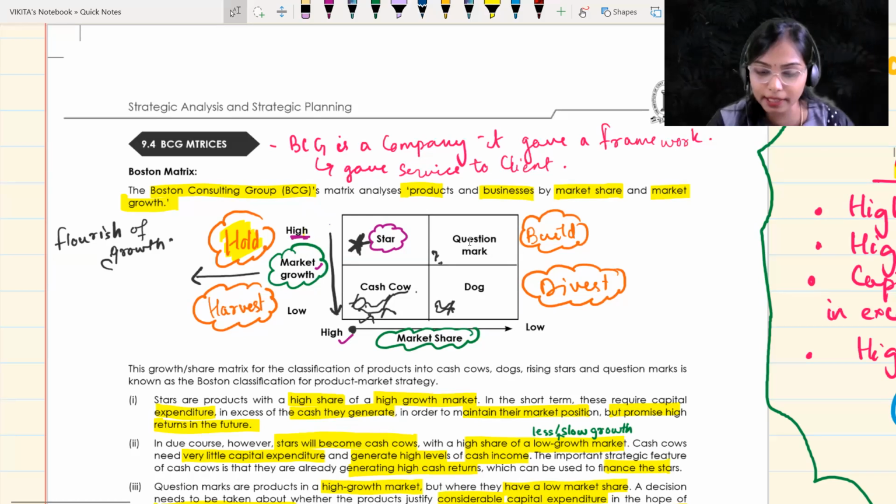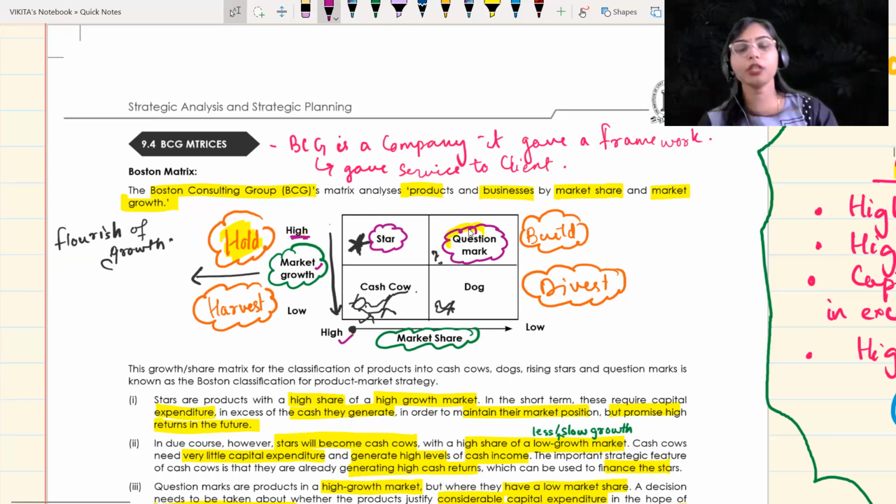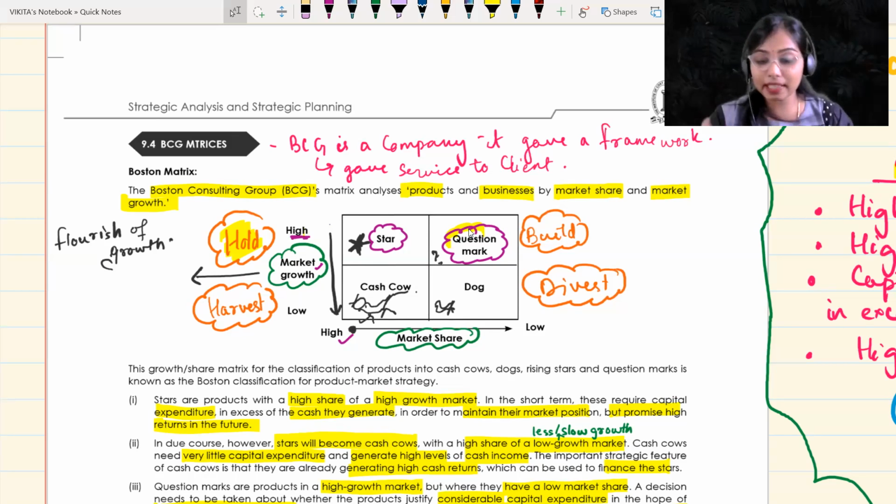Then it comes into an option, or a quadrant, called question mark, which is a bit confused type of portion, where people know it but they fear whether they should buy or not buy. In this portion you need to adopt the building strategy. What you have to do is a building strategy.